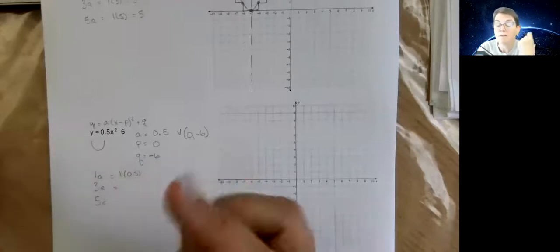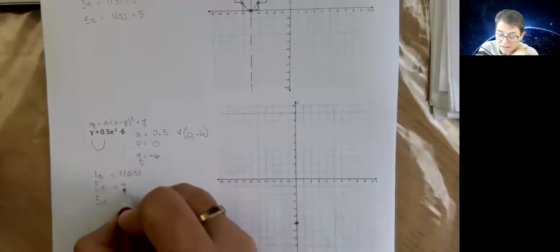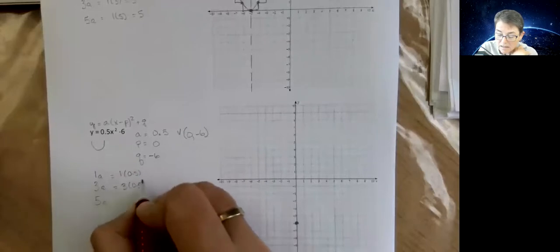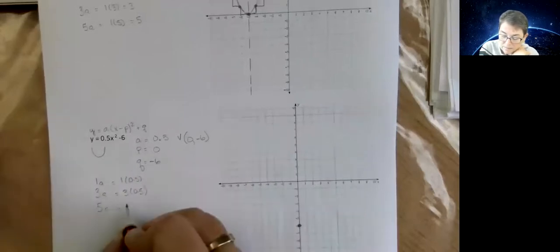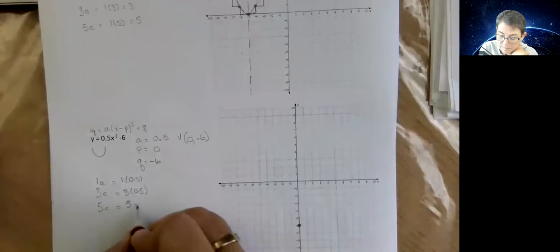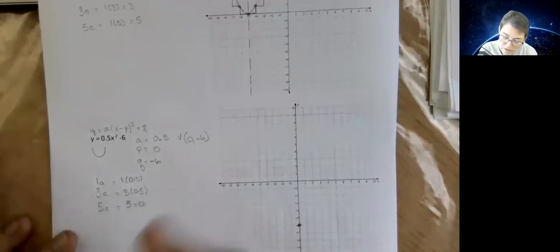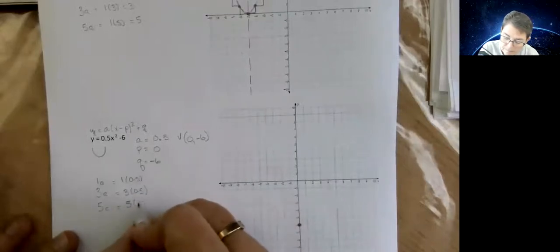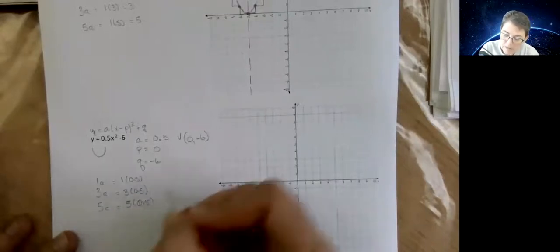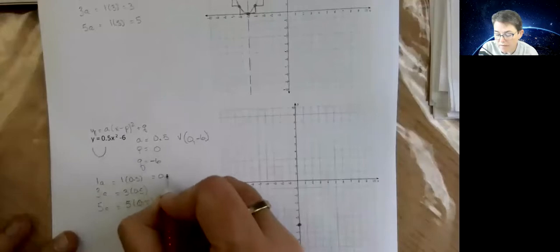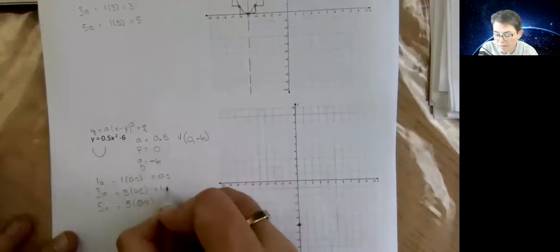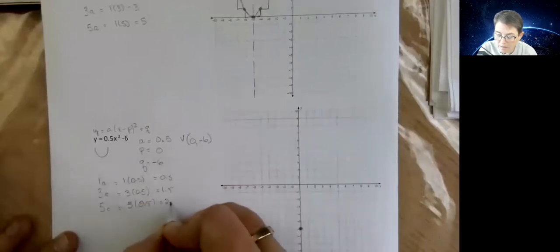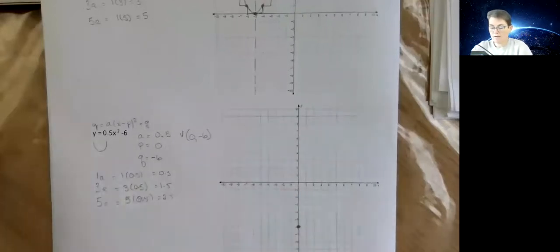So, we got to throw in the fun ones that are challenging. Whoops, 5 times 0.5. So it's going to be 0.5, 1.5, and 2.5.